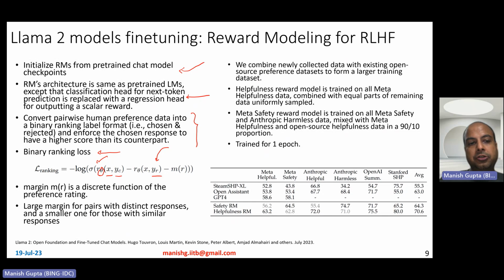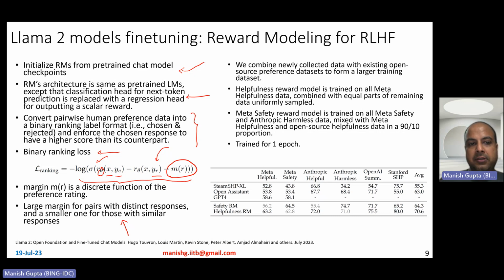What you want to do is train your reward models such that the chosen response is way better compared to the rejected response. And how much better? Defined by a margin. So it's a margin-based binary ranking loss. The margin is chosen very carefully. It's not a constant margin. The margin is large for pairs with distinct responses, while the margin is small for pairs with similar responses.